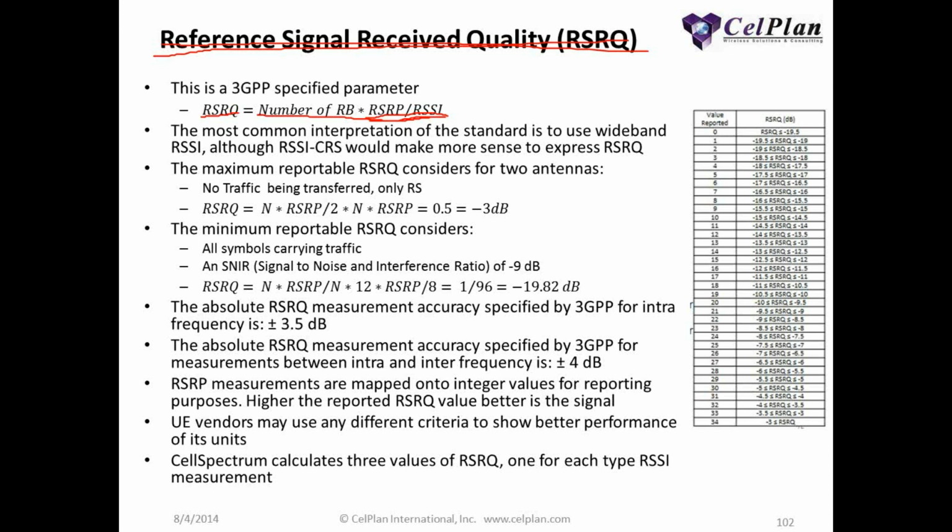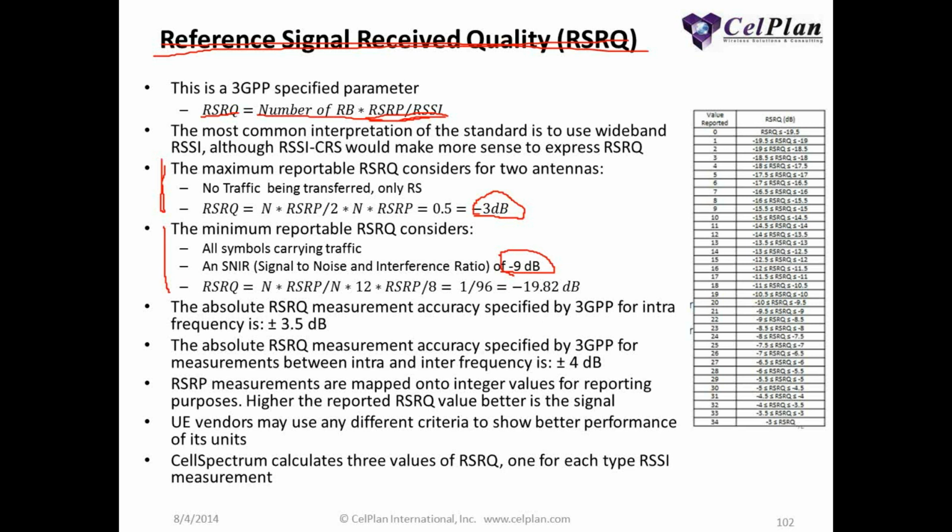Here we calculate the maximum value of RSRQ, which is minus 3 dB, and this happens when no traffic exists at all. The minimum value of RSRQ is when we have a lot of interference, with a signal-to-noise ratio of minus 9 dB, and then the value of RSRQ is minus 20 dB.